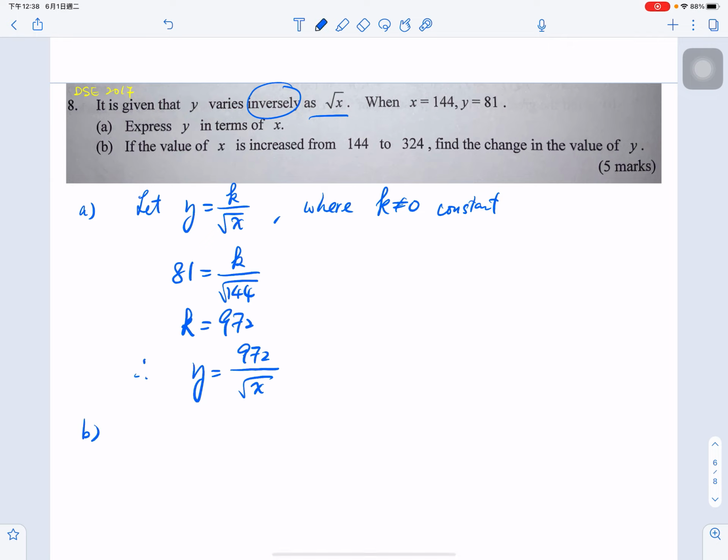Okay. Part B. 好啦，佢話 find the value of x is increased from 144 to 324.